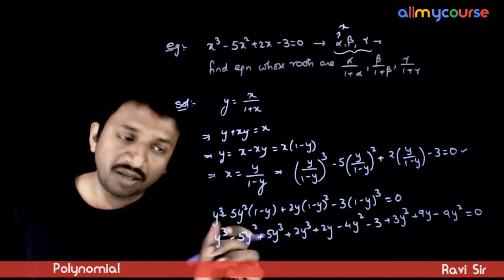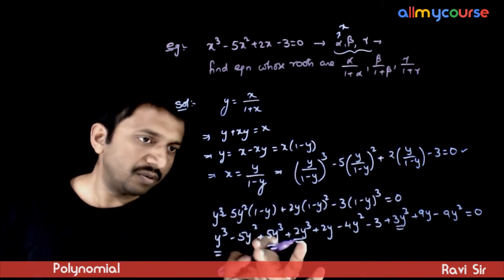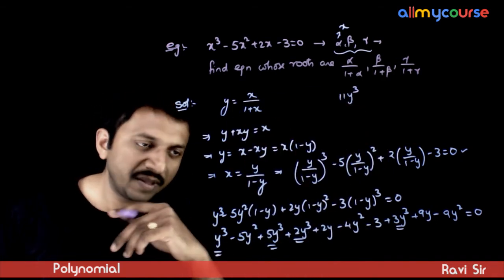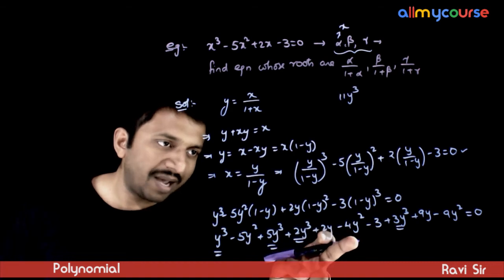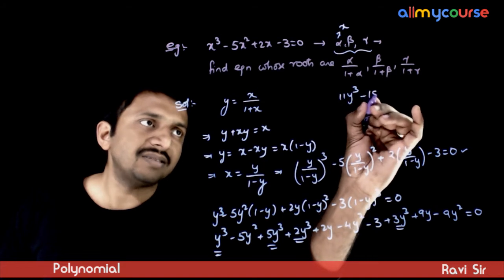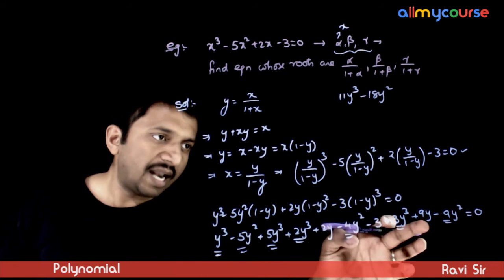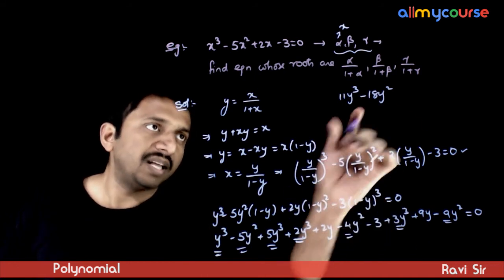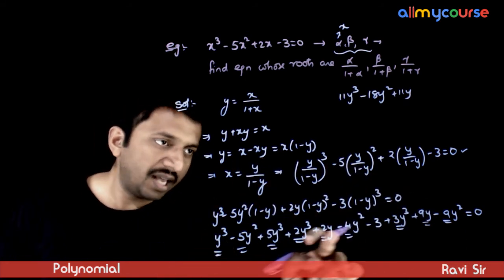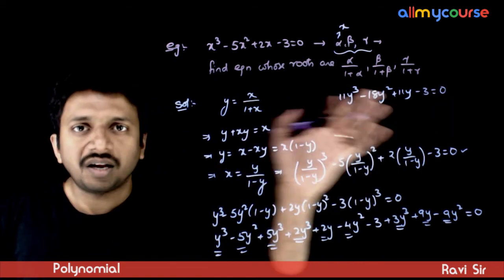So you just need to collect the terms: y cube, 5y cube, 2y cube, 3y cube. So 7, 10, 11. So 11y cube, and minus 5y square minus 4y square minus 9y square is minus 18y square. So these two are completed. So 9y plus 2y is 11y, and minus 3 is equal to 0. So this is the required equation.